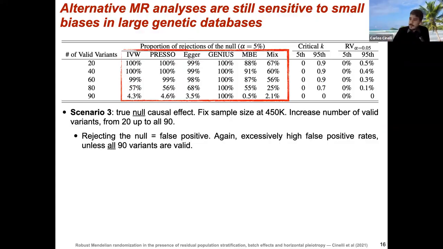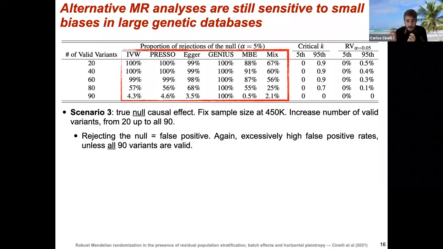Now, of course, we cannot examine exactly why some of these methods are failing, but it could be the fact that the standard tuning parameters that you use for estimating the density of the instruments are not being correctly adapted to the size of this huge sample size.